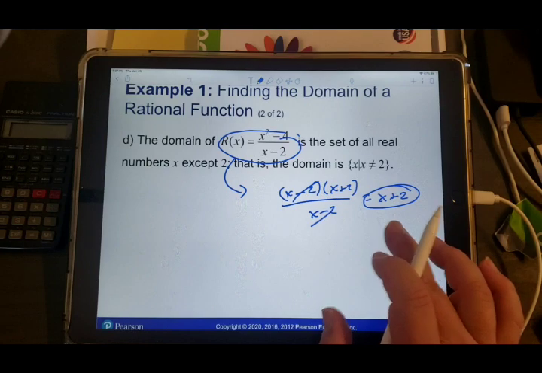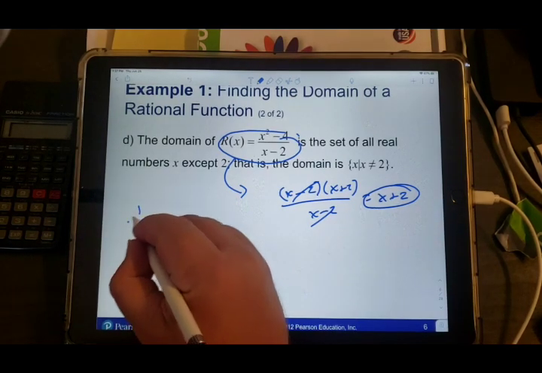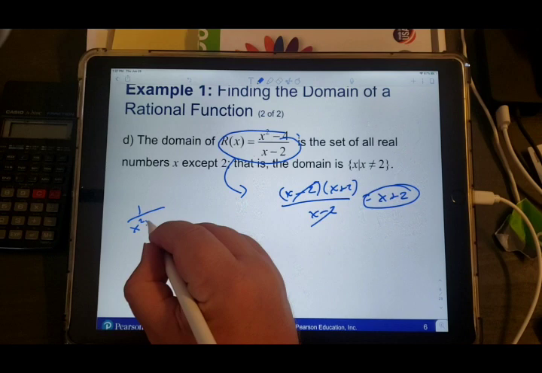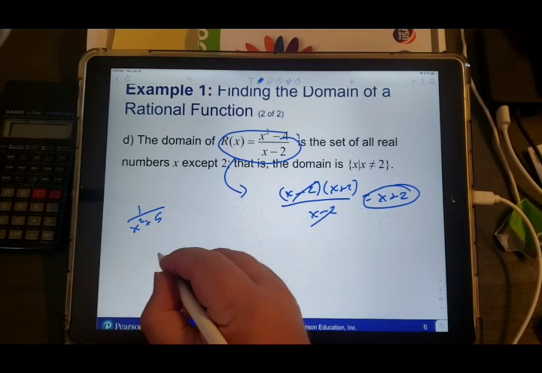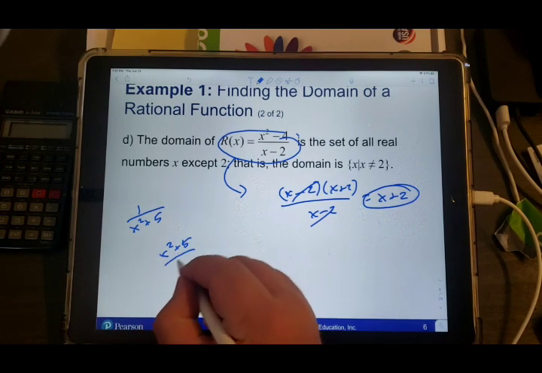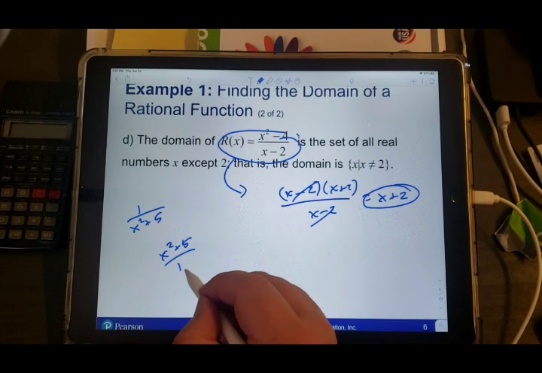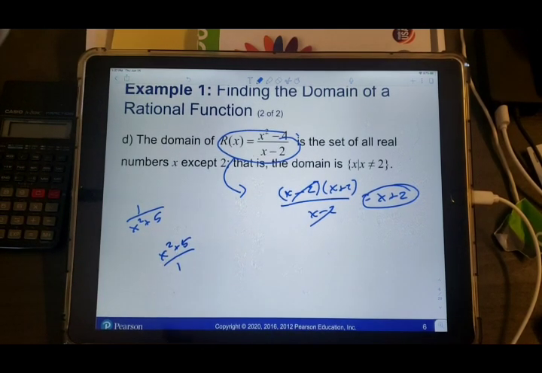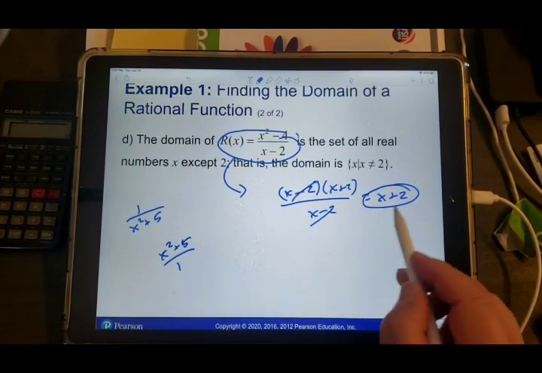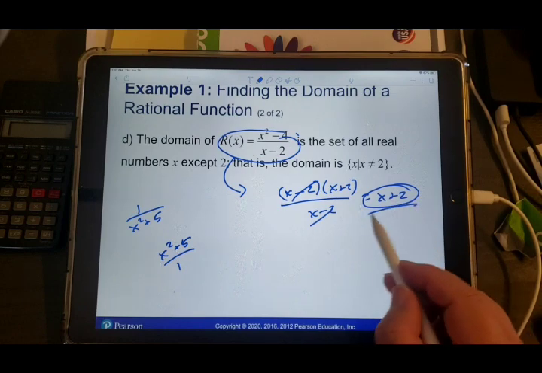And so we saw earlier that 1 over something like x squared plus 5 is a rational function. But x squared plus 5 over 1 would not be considered a rational function. So ones are allowed in the numerator, but not the denominator. So what I mean by that is, I don't really consider this a rational function. It's a linear function.